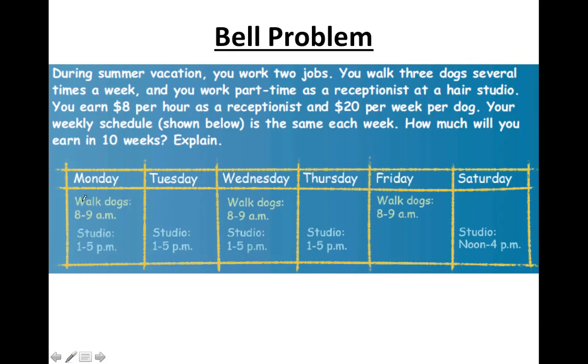Alright, so it tells us that we walk 3 dogs and we get $20 per week per dog. So for our dogs, we earn $60. Then we have to determine how much we make when we work at the hair studio, and we earn $8 per hour.